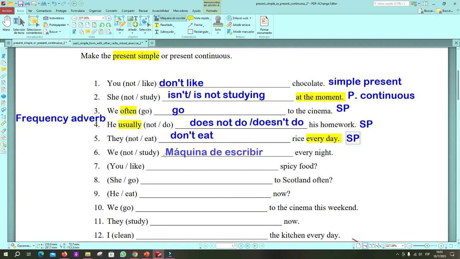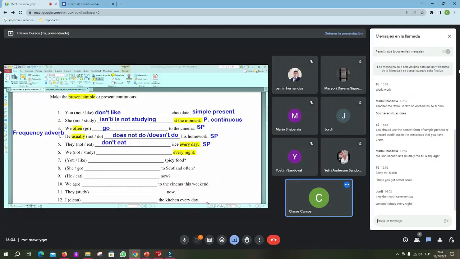Nice, thank you. What about the number 6? We not study every night. That's another one. Every night. What do you think about that one? Simple present or present continuous? Marjorie, which should be the answer for that one?